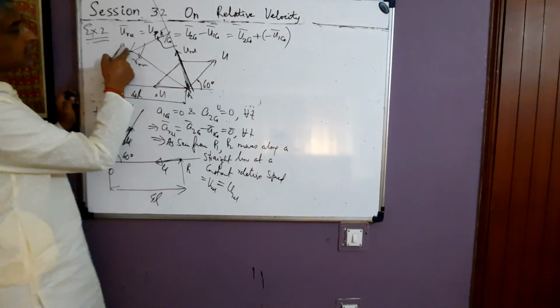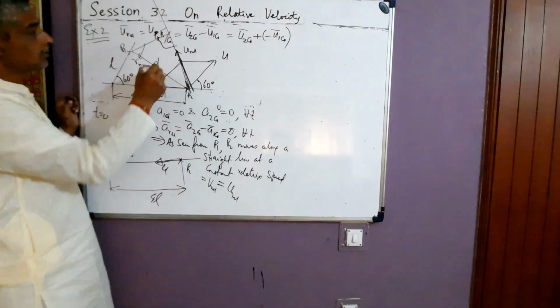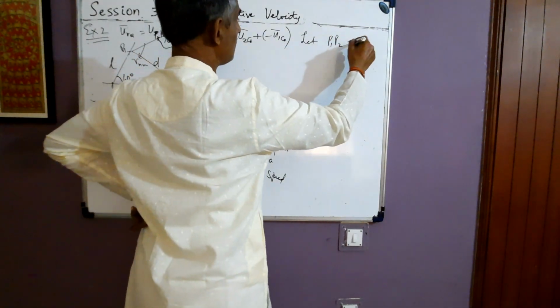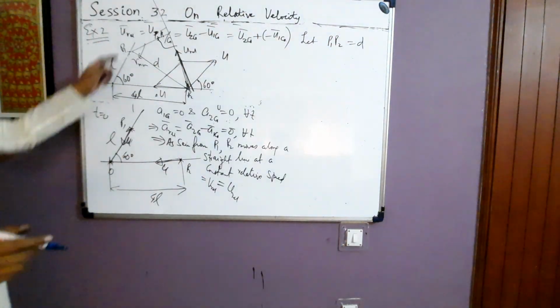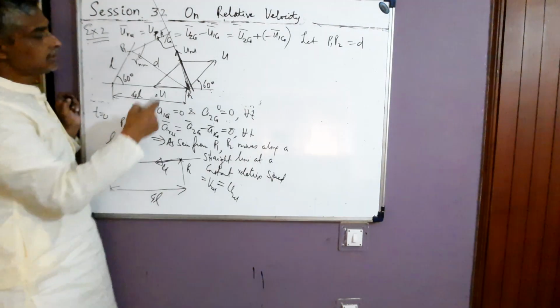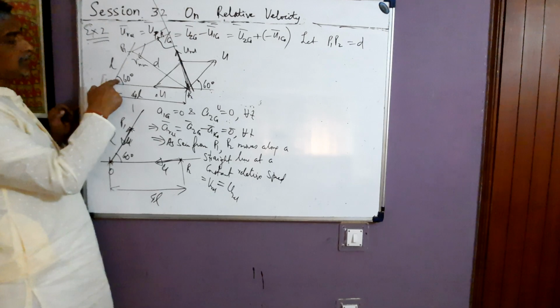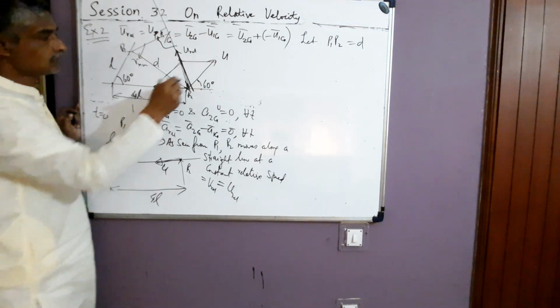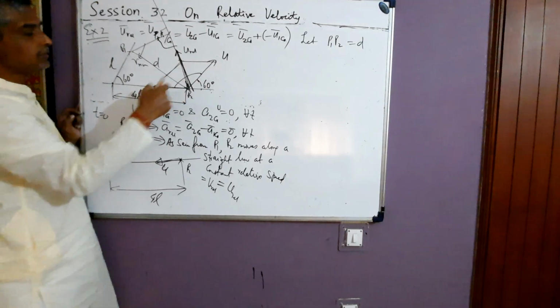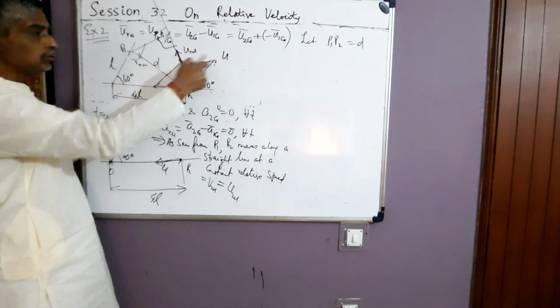Now let this distance between P and P2 be D. Note one more thing. This is 60 degree, this is also 60 degree. This angle will be 120 degree by geometry. Now these two U's have equal magnitude, so U relative will bisect the angle between these two vectors.